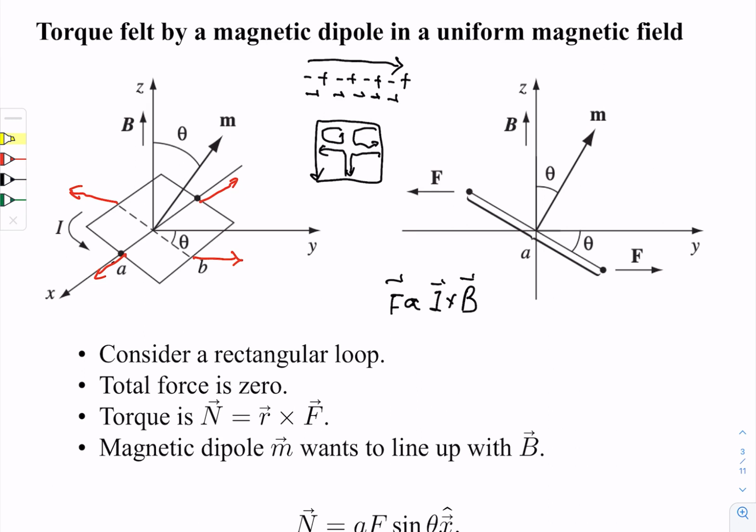So this torque will try to align the magnetic dipole to the magnetic field itself, just like in the electrostatic case. Remember that even though polarization has 2 different forms, in both forms the electric field will try to align the dipole to its direction. So the result is exactly the same.